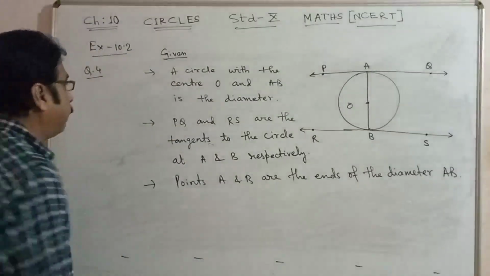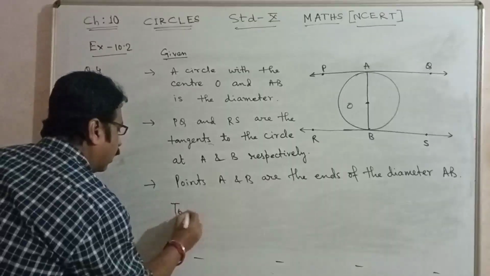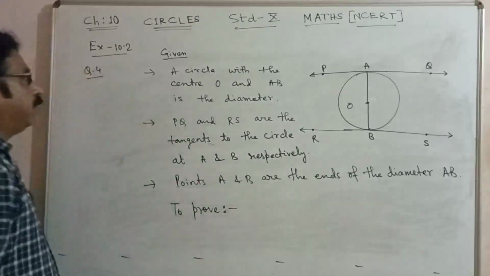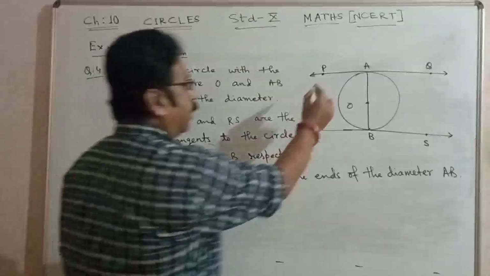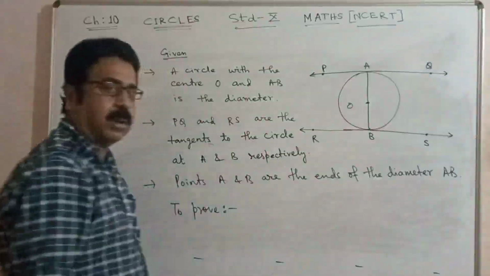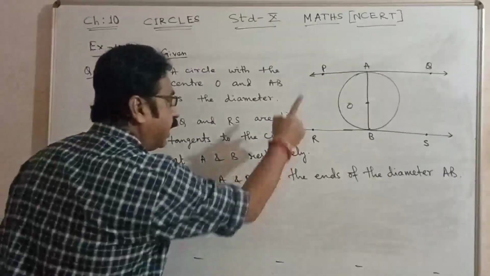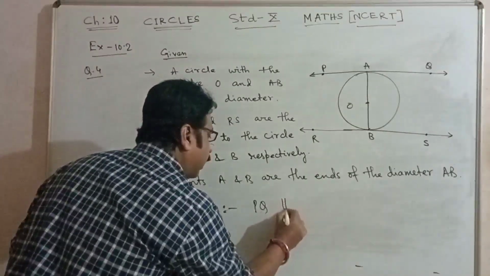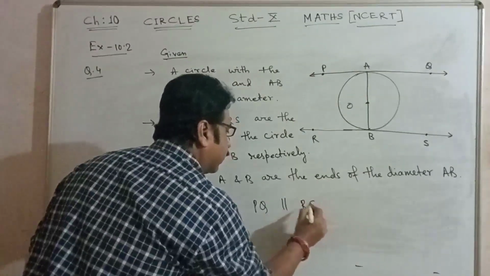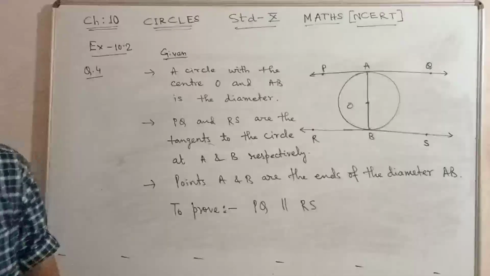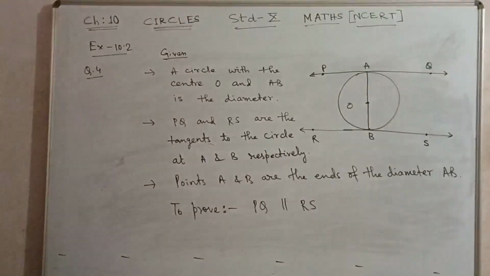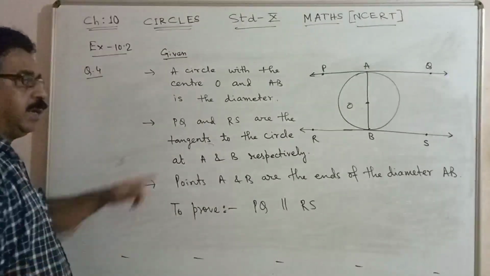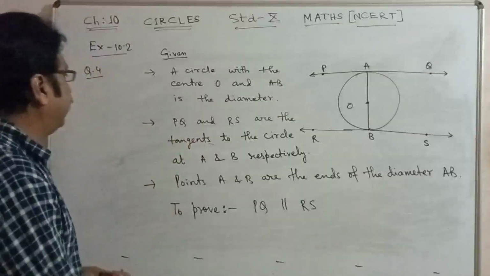We have to prove what? To prove: PQ is parallel to RS. These tangents are parallel. PQ is parallel to RS. This we have to prove. So here given data are written. I have to clean this part.